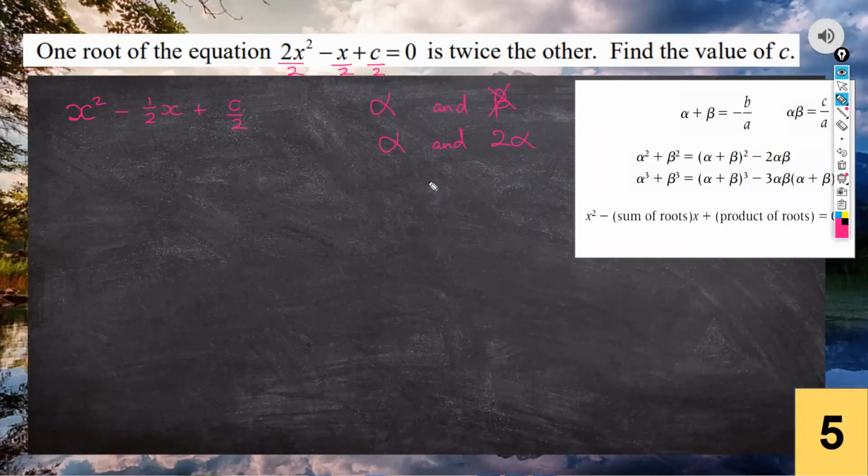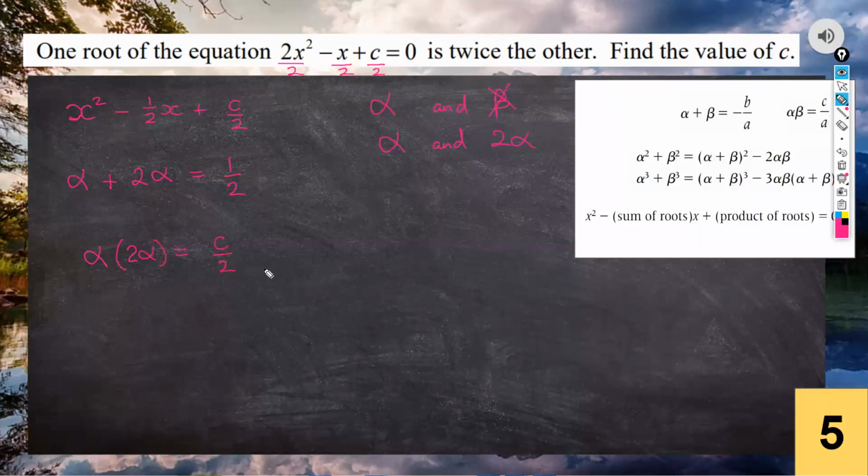So apparently, if you add alpha and beta, but the beta is 2 alpha, you will get the opposite of who is touching x, which is positive a half. And if you take alpha and multiply it by beta, but remember beta is now 2 alpha, you will get c on 2.